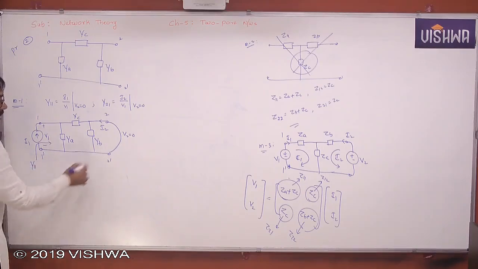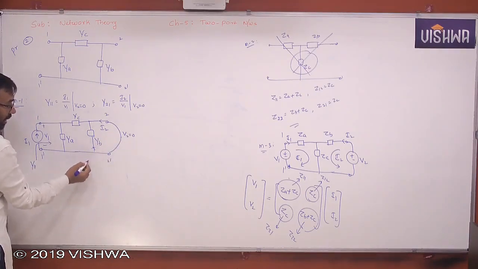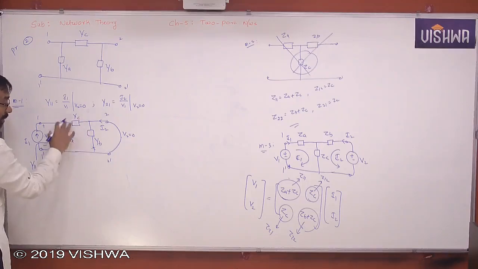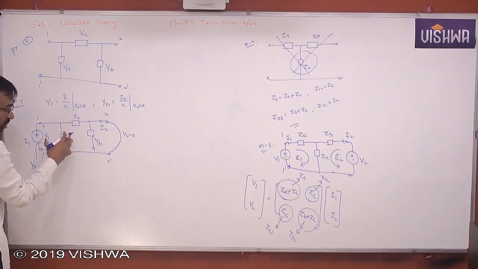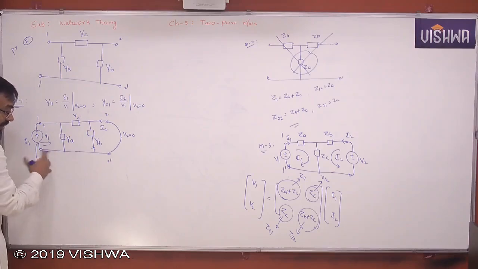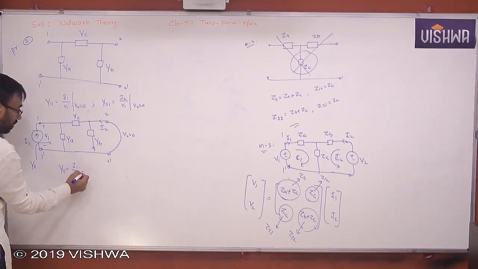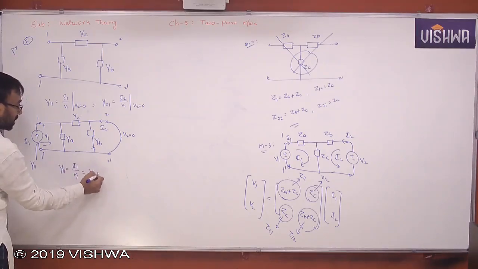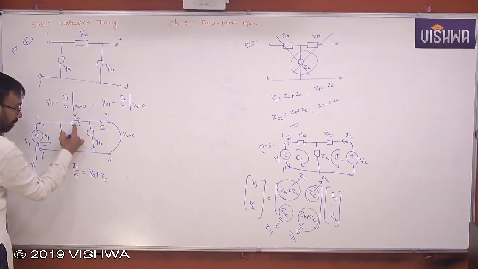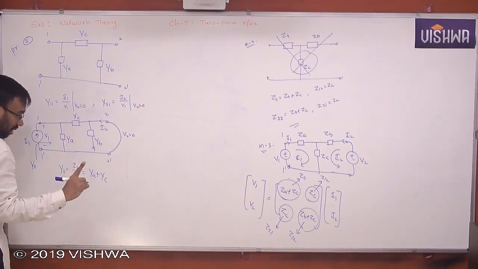Once you short it, YB is gone completely, and now YC and YA will be in parallel. The parallel combination of admittances gives the sum, so Y11 is equal to I1 by V1, which is YA plus YC, because these two are in parallel. Agree all of you? Okay.